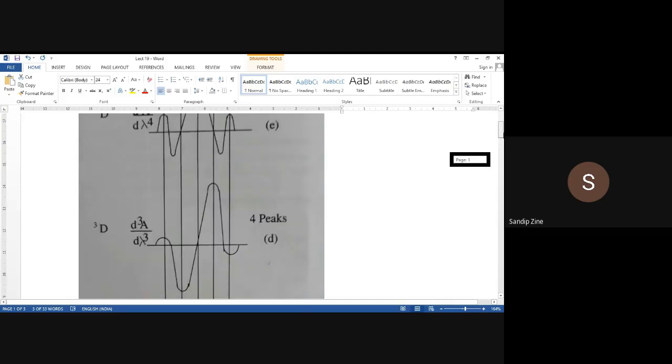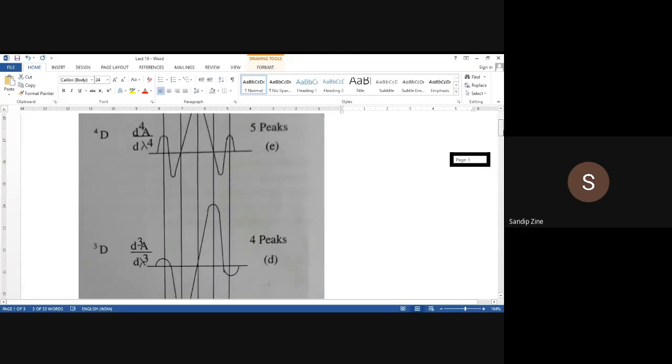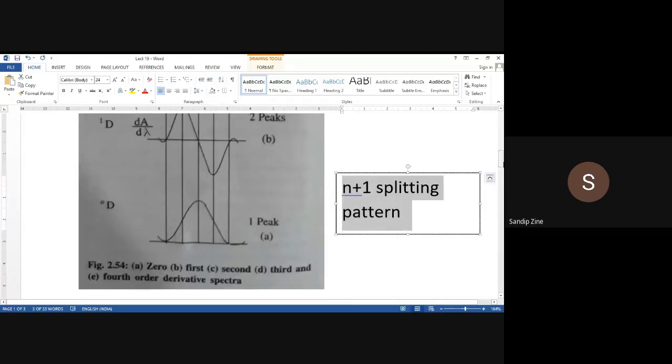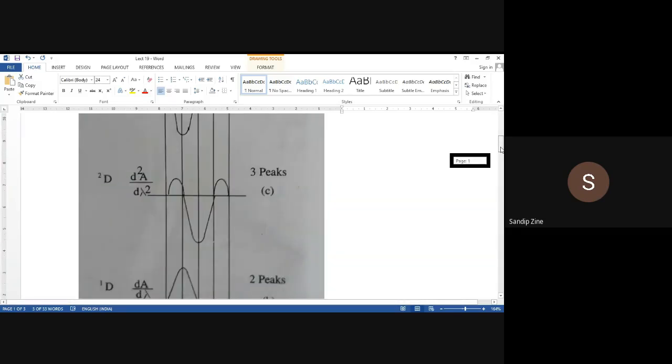Generally, analysts scan the compound till fourth order and try to find out the interference due to the background. So what will be the major application of this derivative spectra?